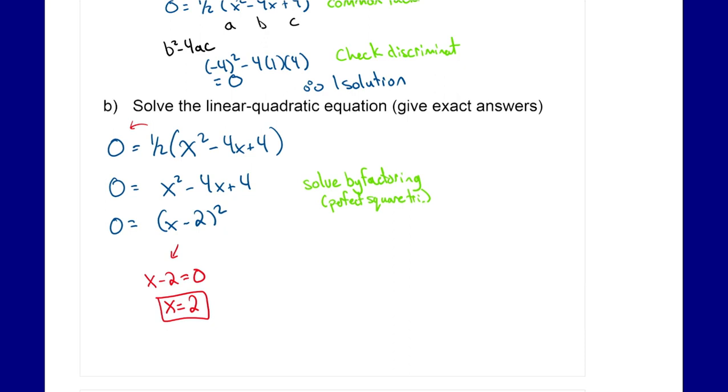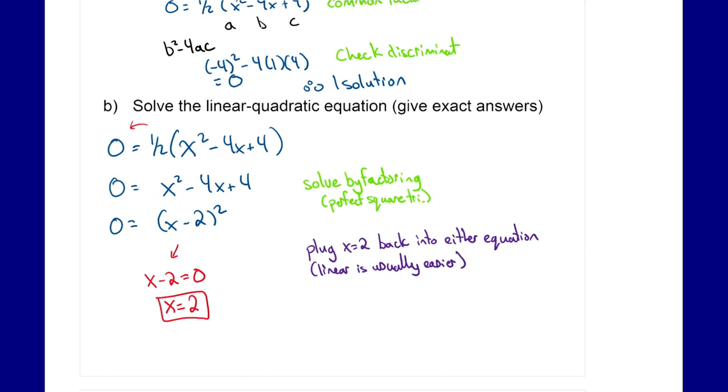What I need to do next is plug x equals 2 back into either equation. It doesn't really matter which equation you use, but linear is usually easier.